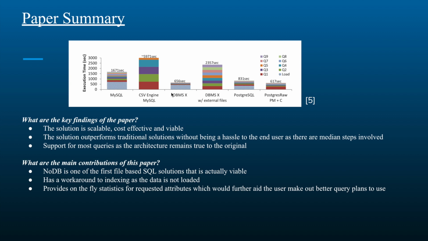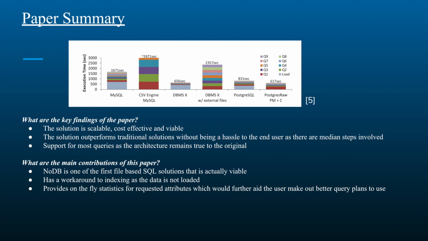Anything highlighted in the slash color is the time taken for loading. So you don't see a time to load in this. You can directly go to your queries and start working on it.